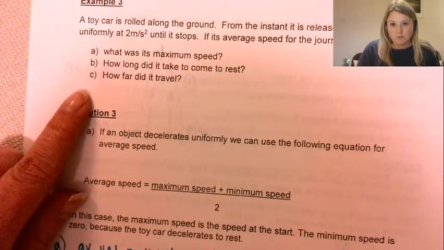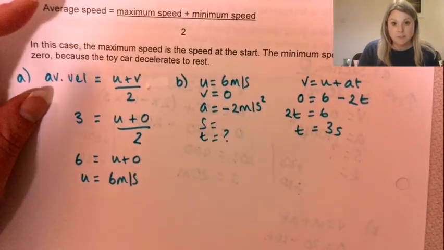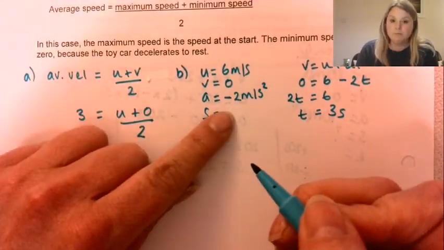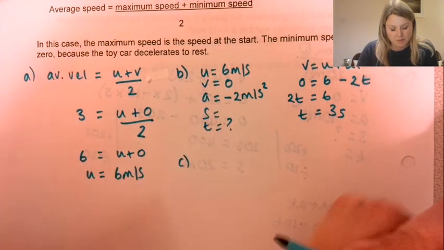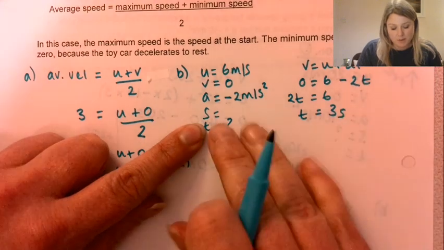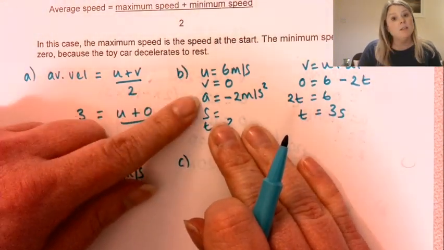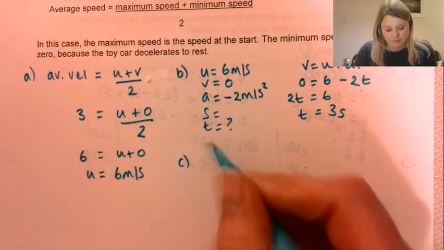And then the last part, C, how far did it travel? So I can use this UVAST list and I can use any of my equations. Because I've just figured out that t, I'm going to try and not use that. So I can use v squared equals u squared plus 2as.